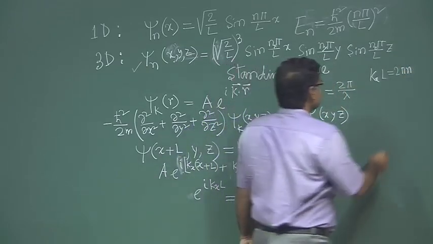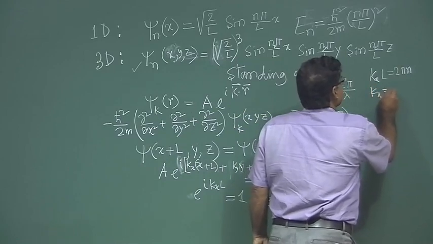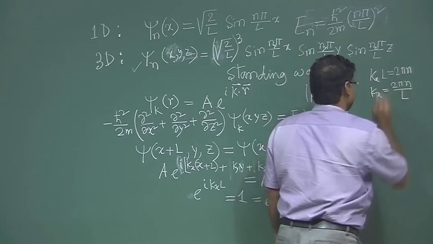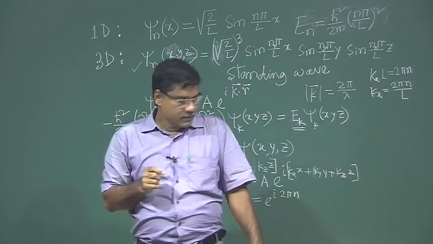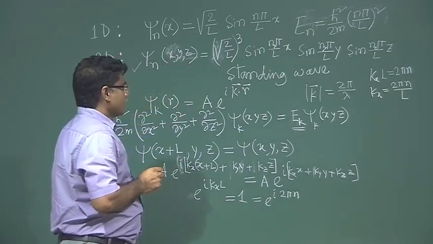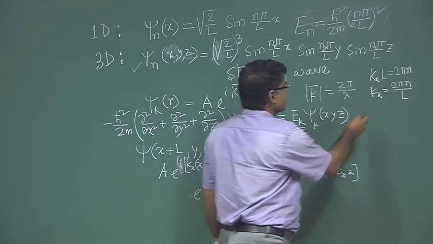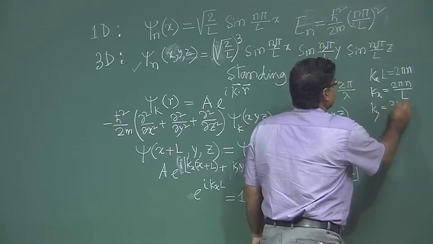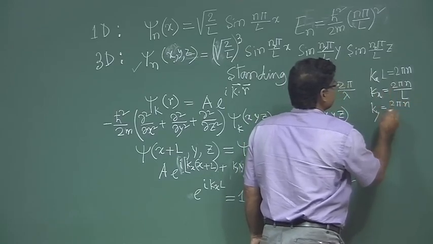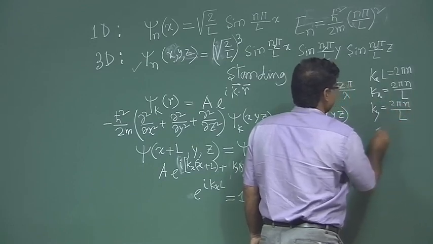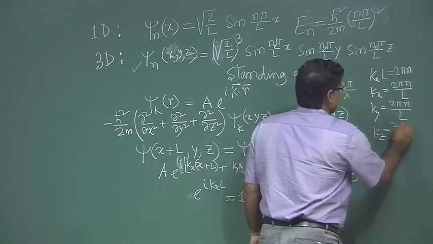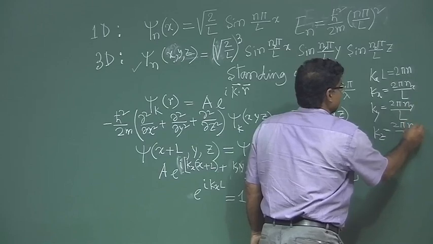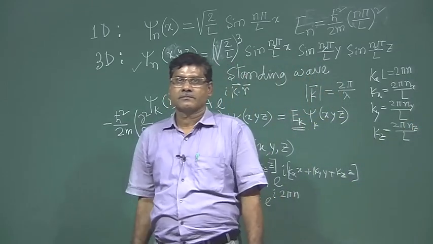So, k_x equal to 2 pi n by L. Okay. So, similarly, one can get k_y equal to 2 pi n by L, k_z equal to 2 pi n by L. So, put n_x, n_y, n_z, right. Okay.